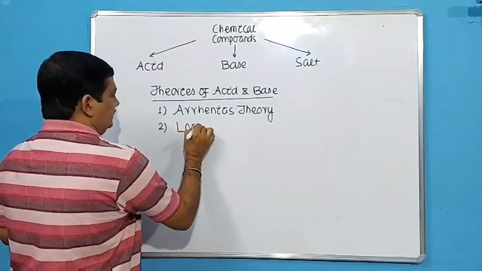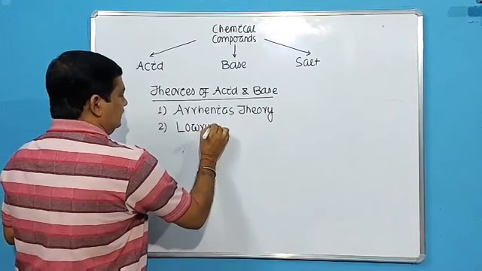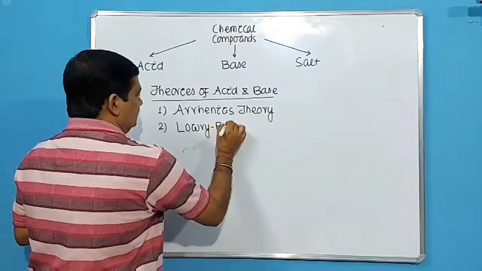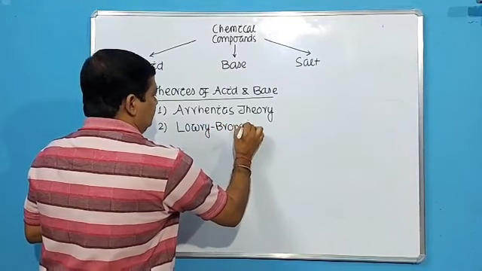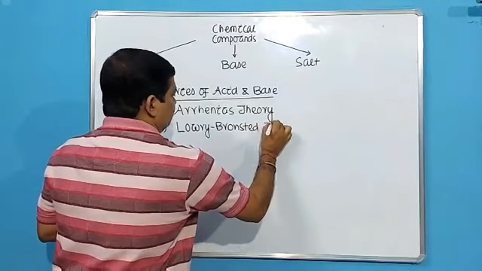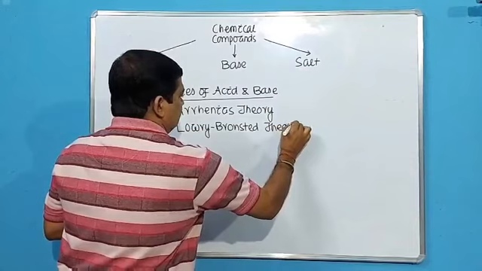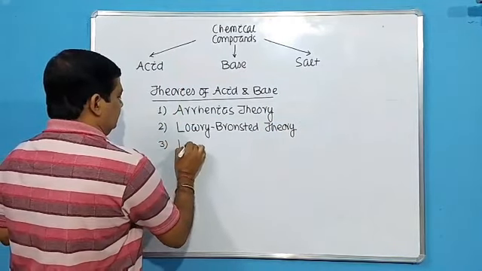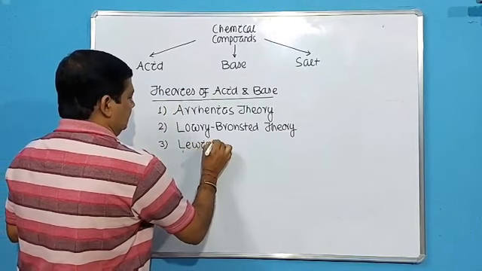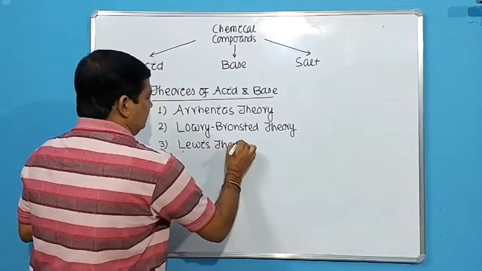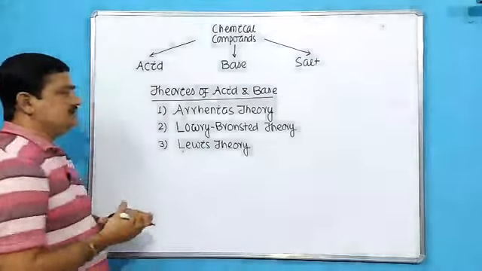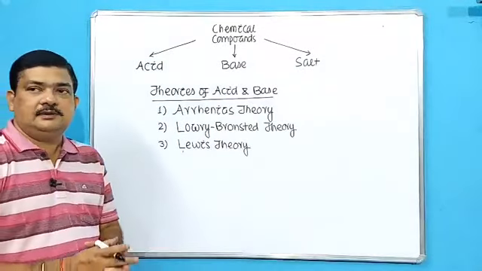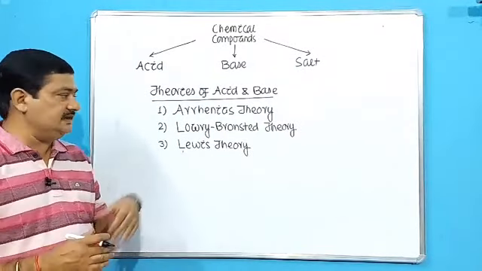Number 2 is called Lowry-Bronsted theory of acid and base. And 3, Lewis theory of acid and base. So these are the theories which define what is an acid and what is a base.